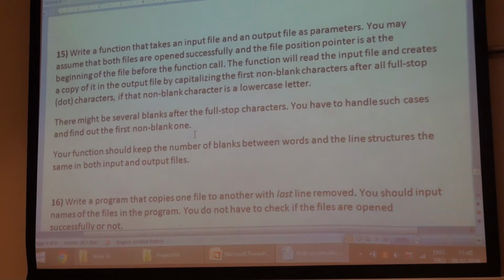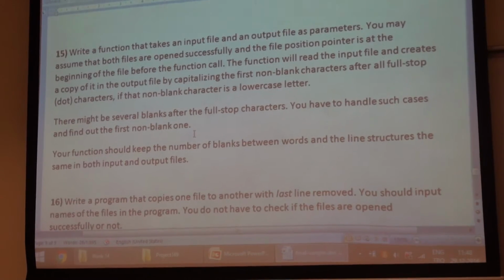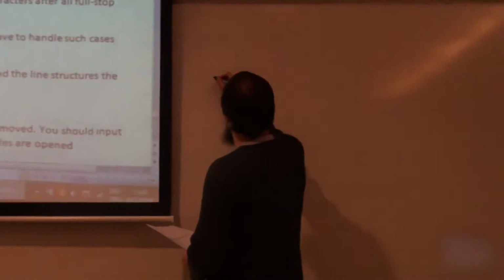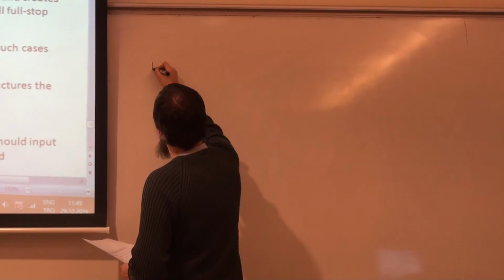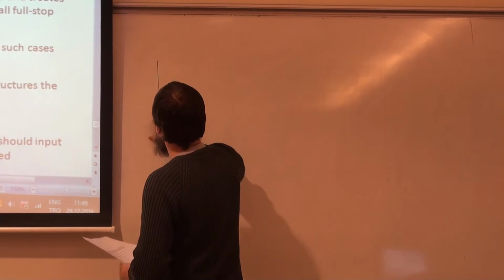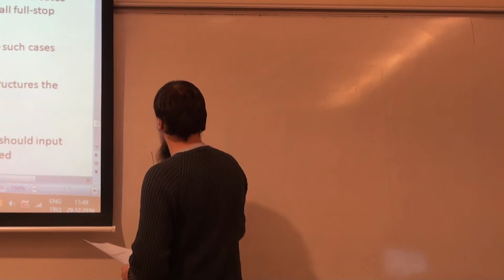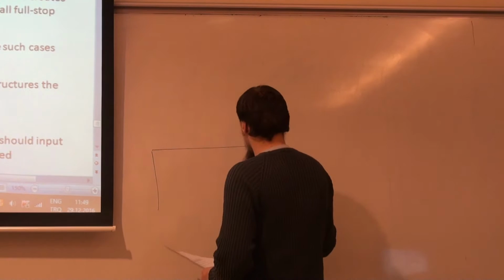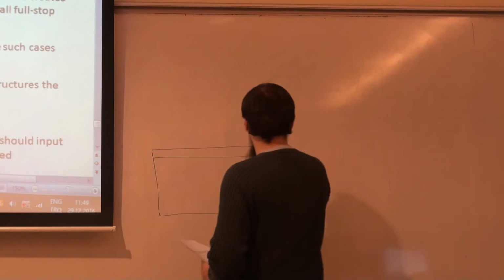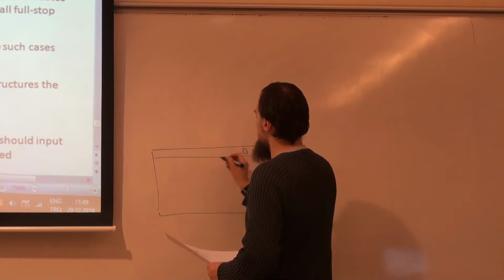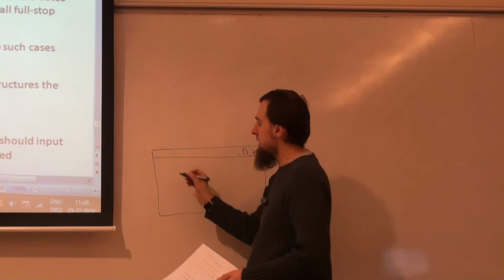Okay, did you read it? Did you understand what we're looking for here? Let me explain it also very briefly. This is what we're trying to do. I have here a file. This will be our input, a text file.